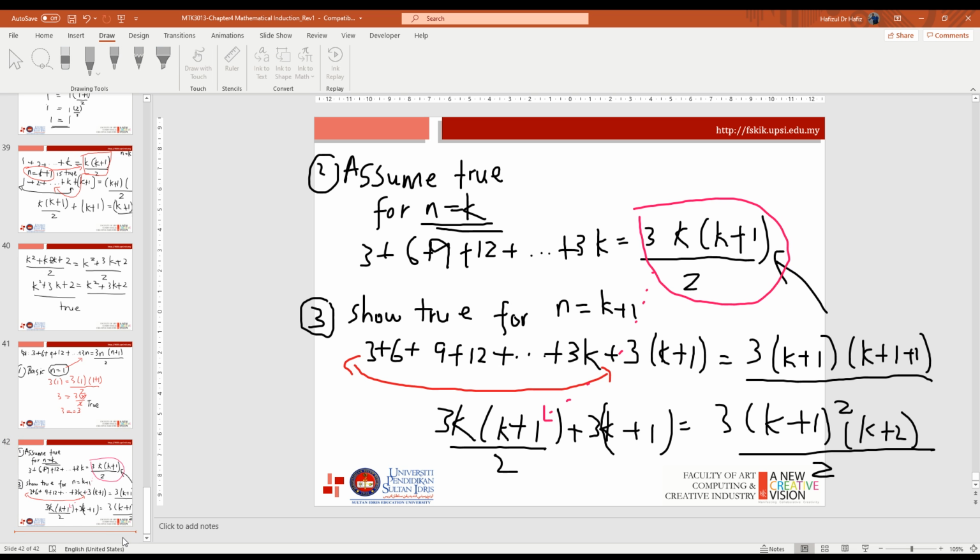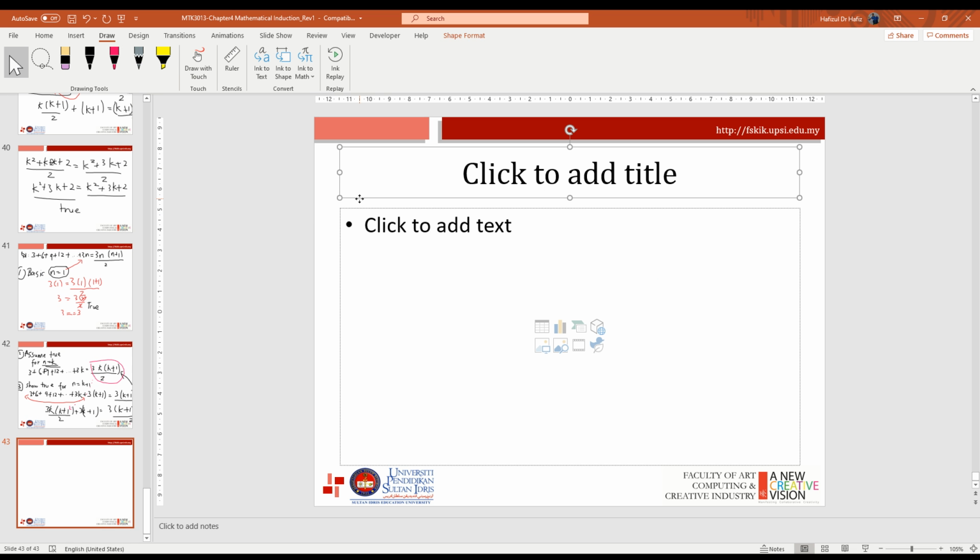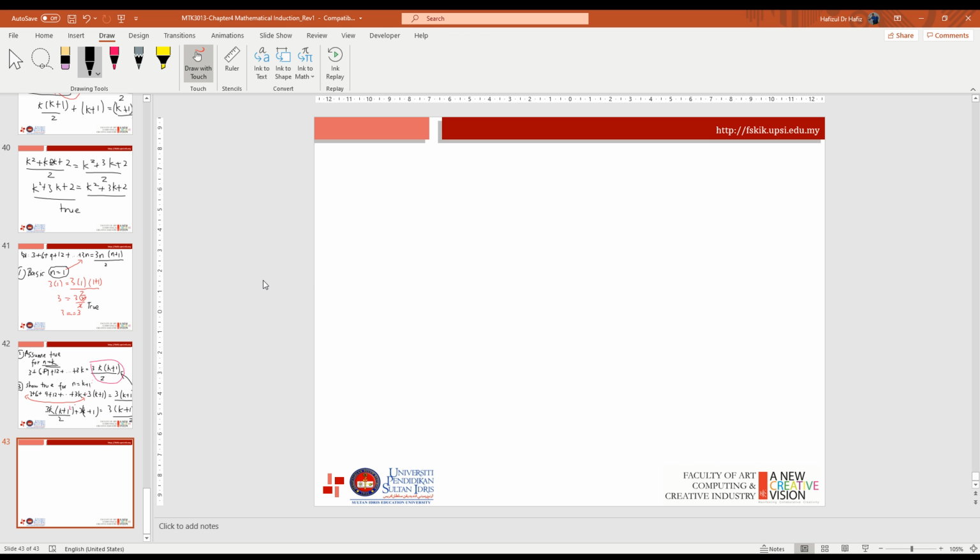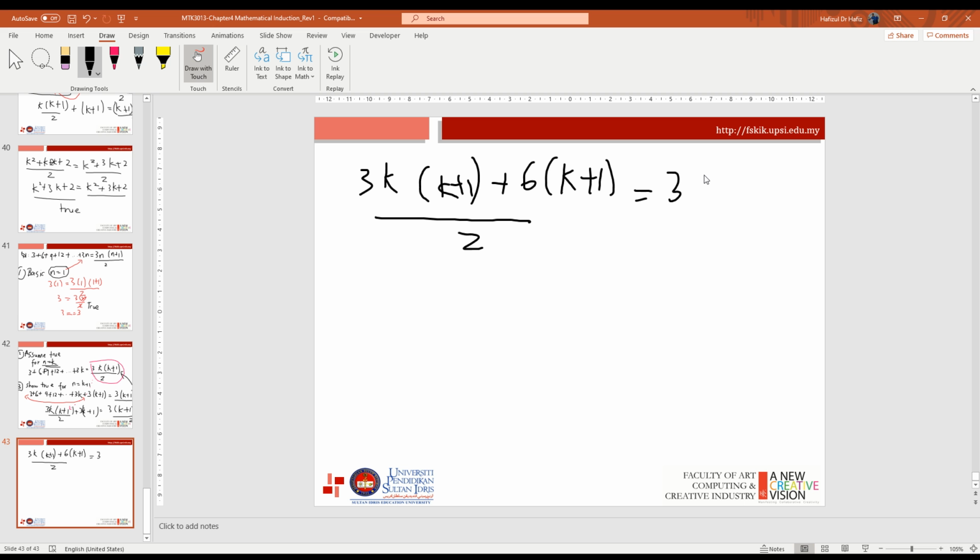So kita ada 3k(k plus 1) plus 6(k plus 1) divided by 2 is equivalent to 3(k plus 1)(k plus 2) divided by 2 lah.